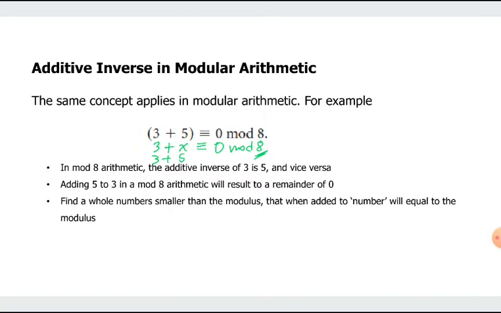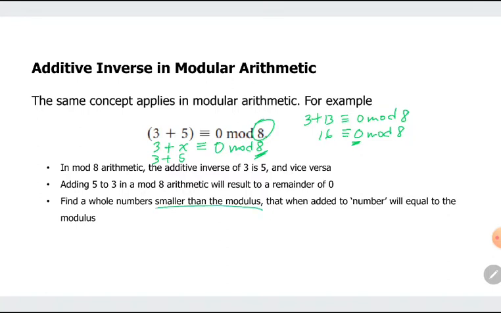What are the other numbers that can be divided by 8 with a remainder of 0? 3 plus 13 will also make this congruence true, since 13 plus 3 is 16 divided by 8, that's 2, remainder of 0. But that's not the correct additive inverse because the additive inverse has to be less than the modulus.